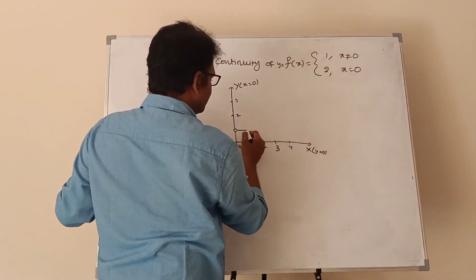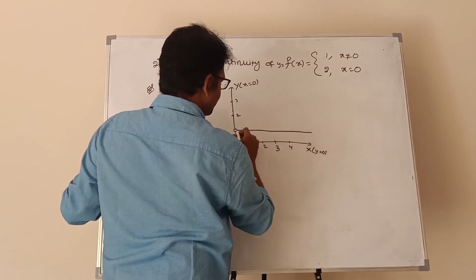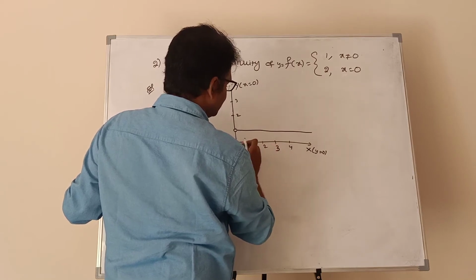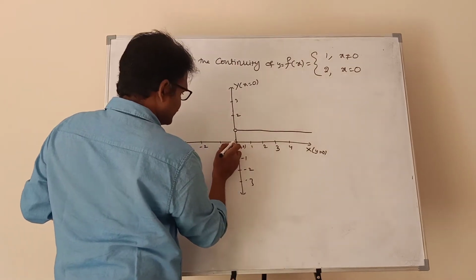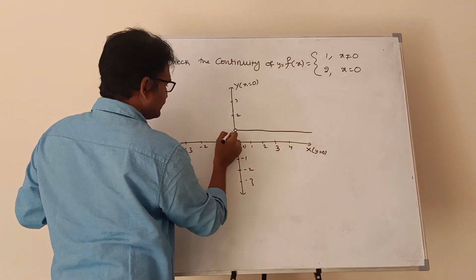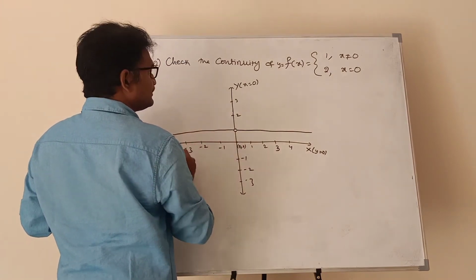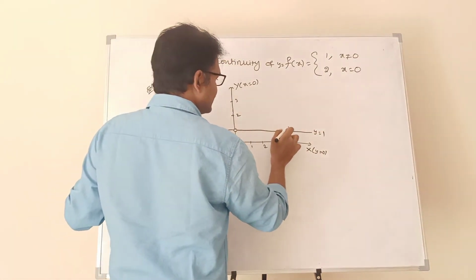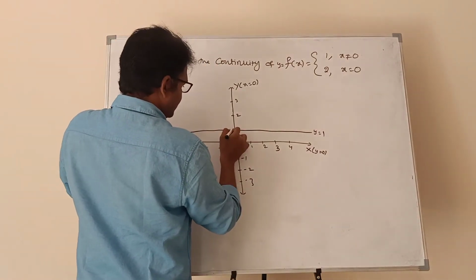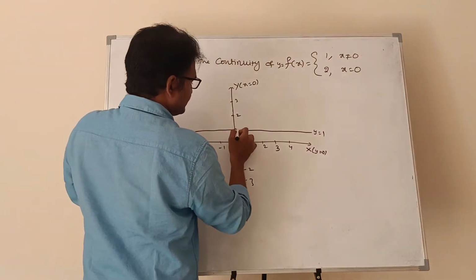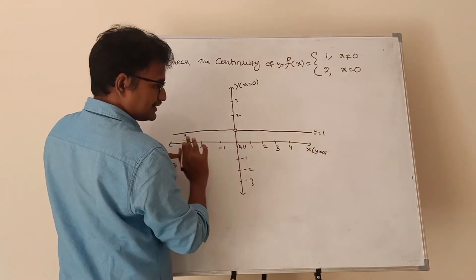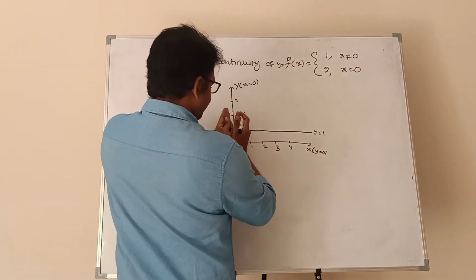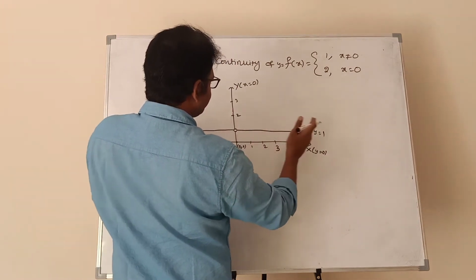See this total part: y value is 1, x values 1, 2, 3, 4, all these values are x not equal to 0. Similarly, all these values are also x not equal to 0. Then this is y equal to 1. This line is called y equal to 1. On the left side of the y-axis x is not equal to 0: x values minus 1, minus 2, minus 3 are not equal to 0. X values 1, 2, 3, 4 are not equal to 0. Left side and right side of the y-axis both have x not equal to 0.